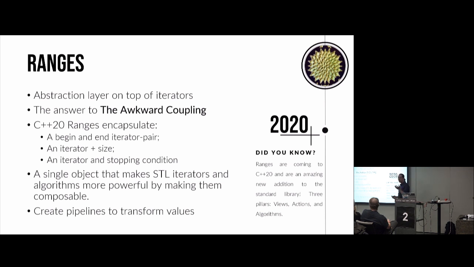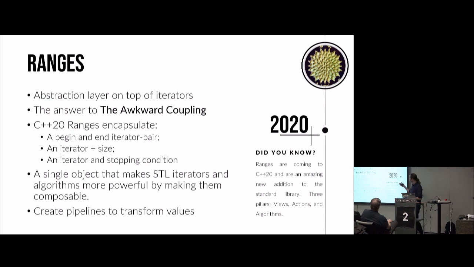So since the upcoming standard, C++20, we're getting ranges. And ranges are an amazing addition to the library. They're kind of an abstraction layer, a more general concept over iterators. And they're basically the answer to the awkward coupling problem, because by creating a range, you're coupling this begin and end iterator into a single object.